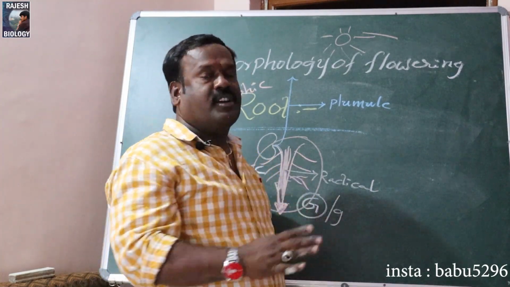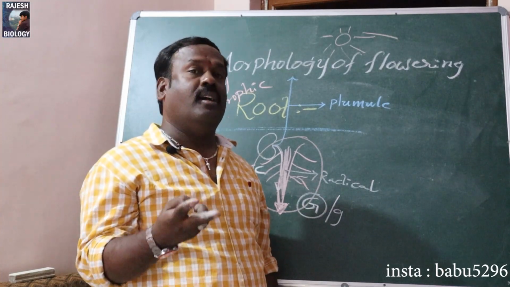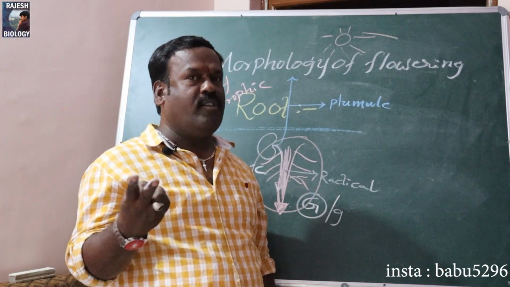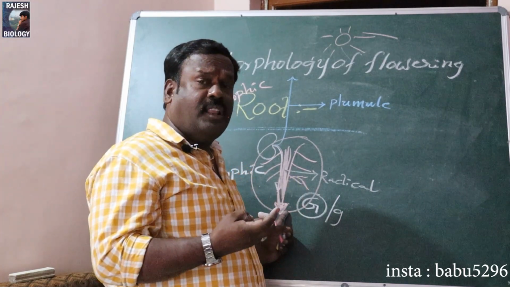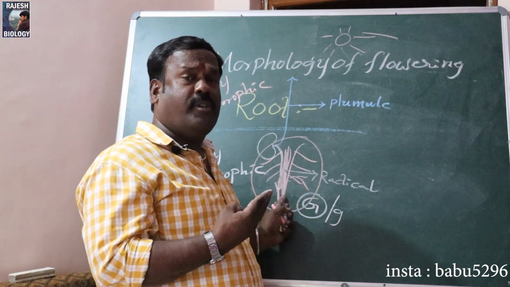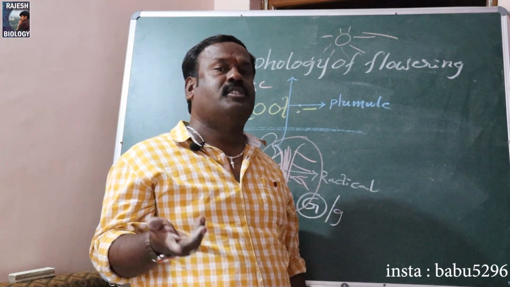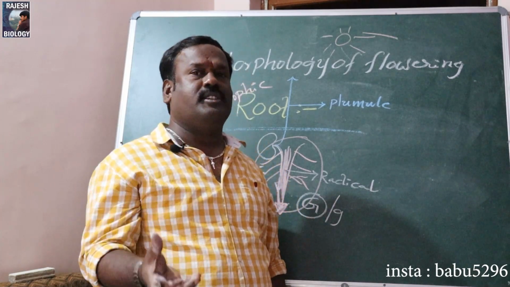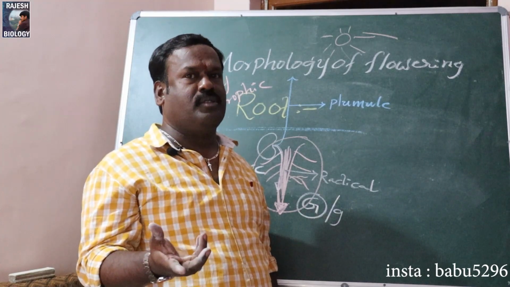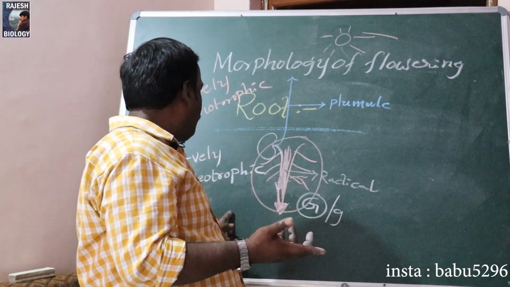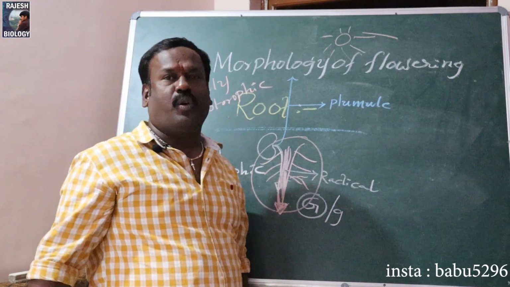But the common functions of the root are anchorage and transportation of food material, water and minerals from the soil particles, and the root cap gives protection to the terminal part. Special functions include storage of food, assimilation, and respiratory roots participating in respiration also. The root grows towards the gravitational force, which is called positively geotropic.